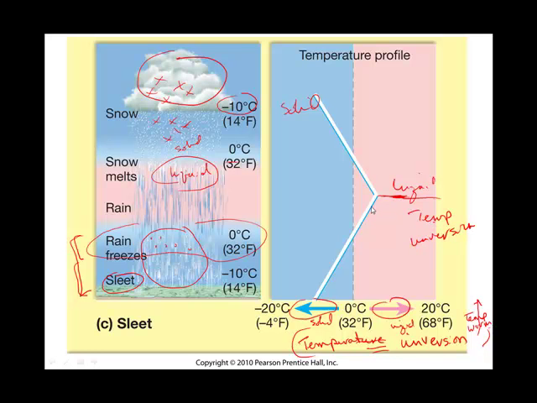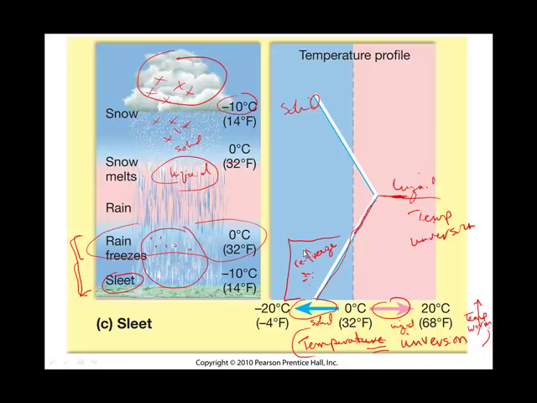And then instead of warming as it falls to the ground, we hit a colder pocket of air, and the liquid is cooling here, and the liquid is freezing here. Now this depth right here, like I said just a minute ago, there was enough time for that rain to refreeze in the form of sleet.